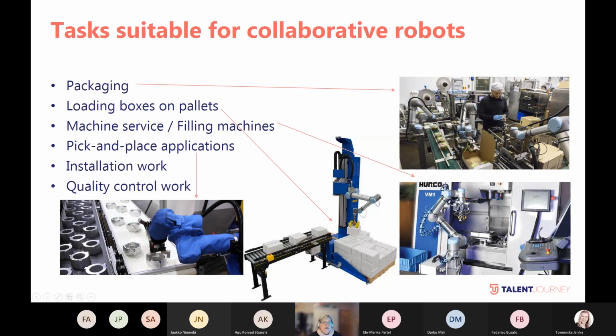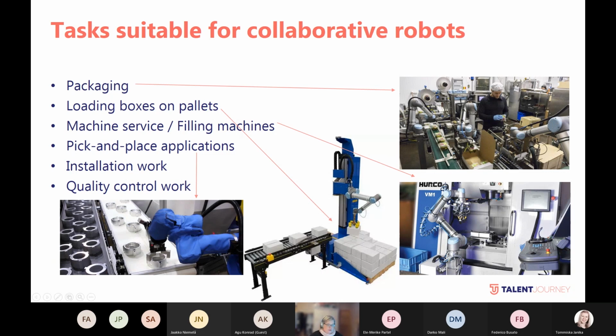Okay, so what kind of work tasks should you plan for a collaborative robot? They are used a lot in packaging tasks. Then a person can be involved in packaging if it needs to be done more flexibly, for example, like in here.